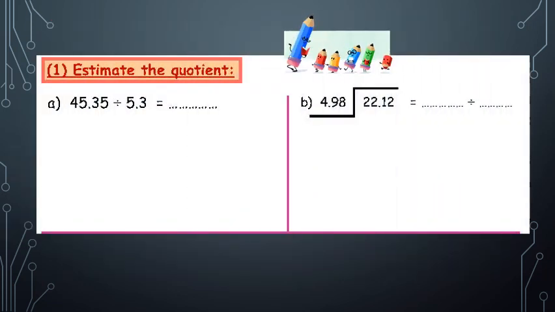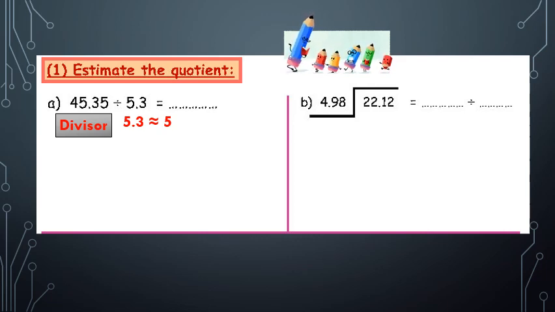Let's have an exercise. Estimate the quotient: 45 and 35 hundredths divided by 5 and 3 tenths. First, estimate the divisor. 5 and 3 tenths, rounding to the nearest whole. The 3 is a small number, so 5 and 3 tenths rounds down into 5.